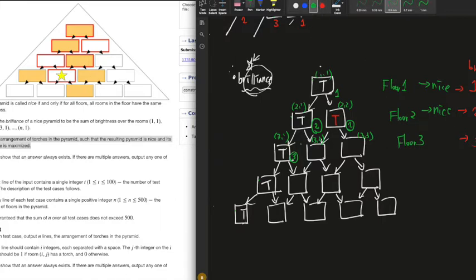So to make brightness 3 for 3,2, I have to put a torch in room 3,2.